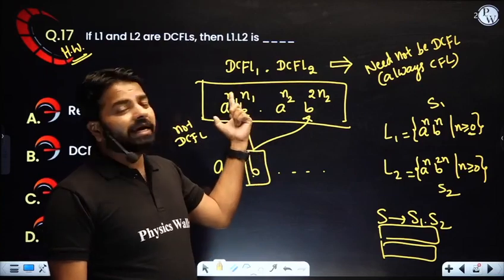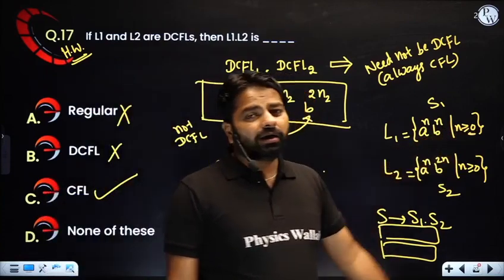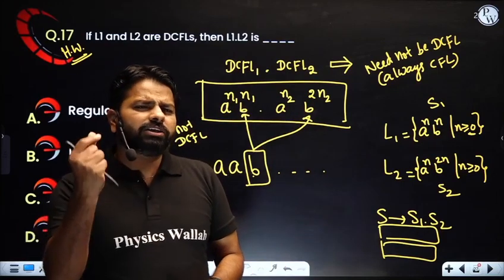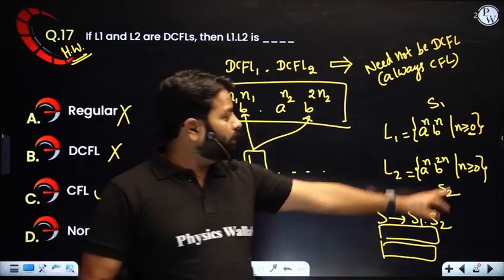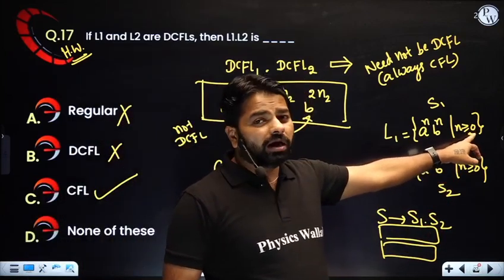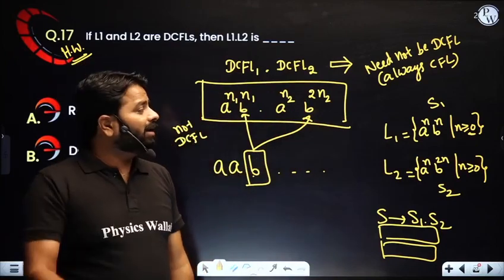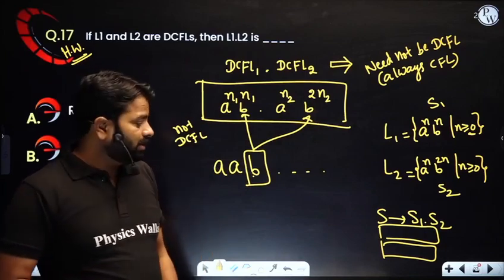So this B you can guarantee. If I put the n1 condition as greater than or equal to 1, then this concatenation will become DCFL. A very small change can make the language DCFL. So keep that point with you: if you put 1 instead of 0, this concatenation will become DCFL. But you should think the right way about which concatenation is DCFL and which is not.